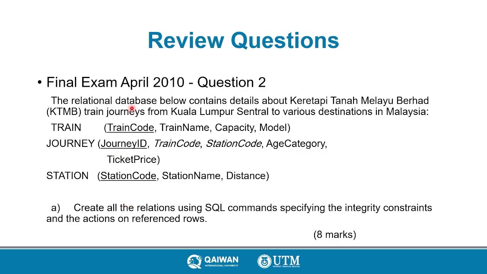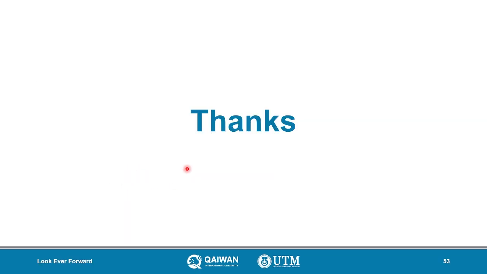And the relational database below contains details about Keretapi Tanah Melayu Berhad, KTMB, train journeys from Kuala Lumpur Central to various destinations in Malaysia. Now, A, create all the relationships using SQL commands specifying the integrity constraints and the action on a reference row. Now, once we have these lines, it means that they are primary keys. And thank you very much.